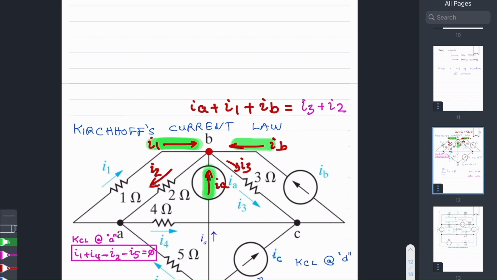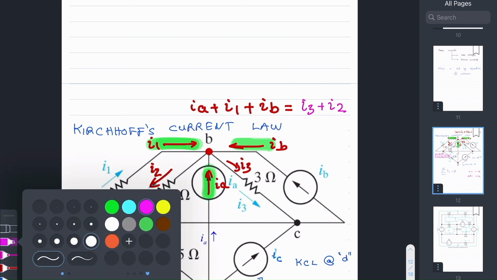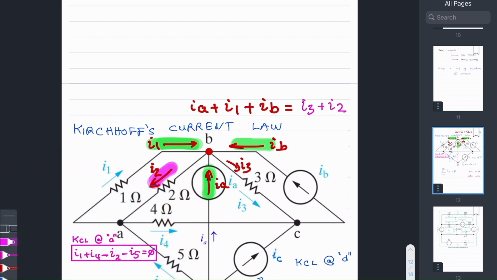The currents that are entering and the currents that are leaving, if you add them on two different sides of the equation, then that's a valid application of Kirchhoff's current law. So that's KCL at node B. As a matter of fact, that's exactly equivalent to what we did earlier.